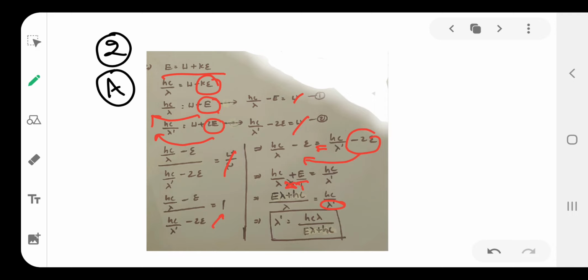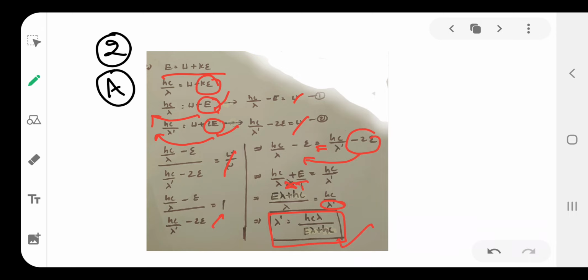The incident wavelength lambda naught is equal to hc lambda divided by E lambda plus hc. So when the kinetic energy is increased from E to 2E, the wavelength changes to hc lambda divided by E lambda plus hc.